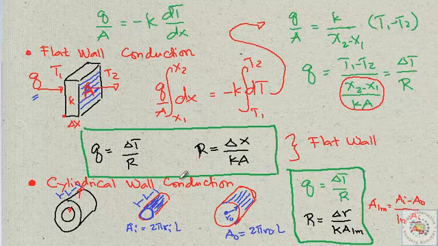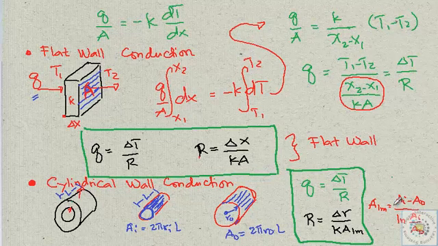And area, instead of a uniform or constant area here, we have an area which is just the logarithmic mean between the inner area and the outer area, which is not that difficult really to calculate. If you know the radius and the length, then the inner area will be simply 2 pi RI L, and the outer will be 2 pi RO times the length.